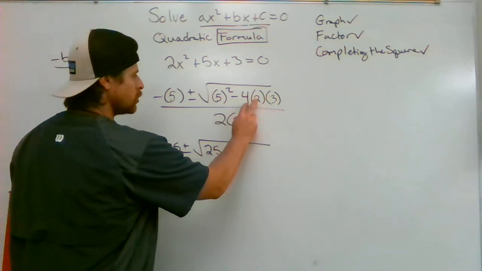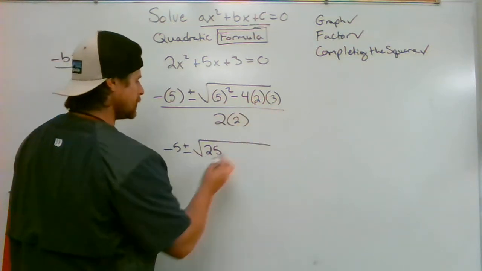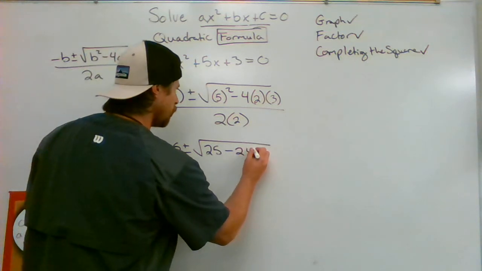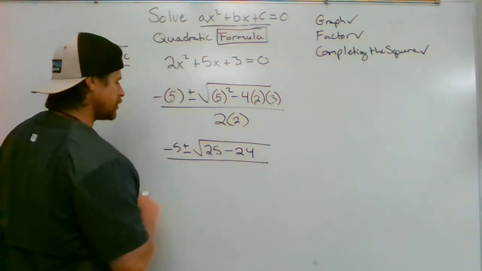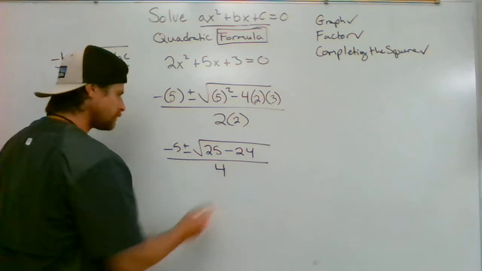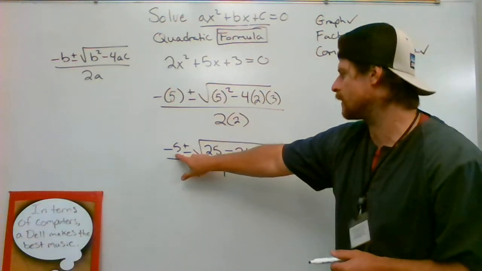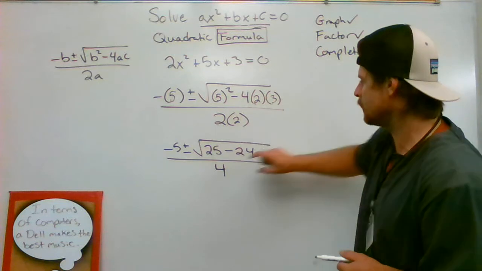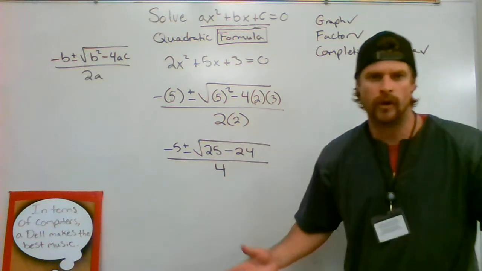Negative 4 times 2 is negative 8. And negative 8 times 3 is negative 24. Over 2 times 2, which is just 4. Okay, so I just did this part here. Boom. Put it right there. I did this information right there. Change it to this. And then 2 times 2 on the bottom just changes it to a 4.